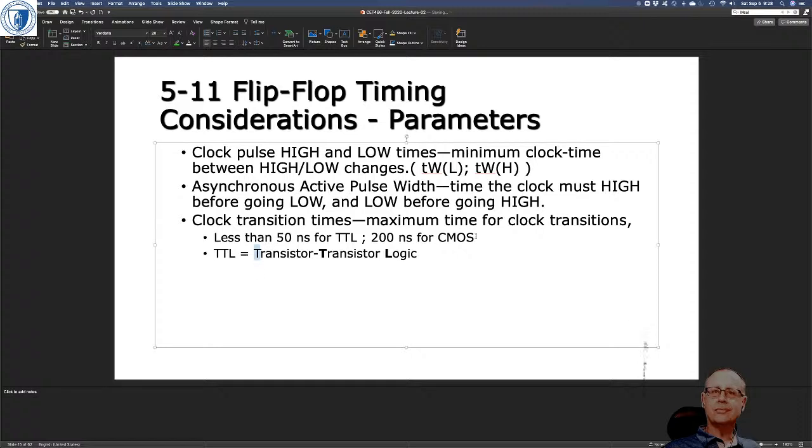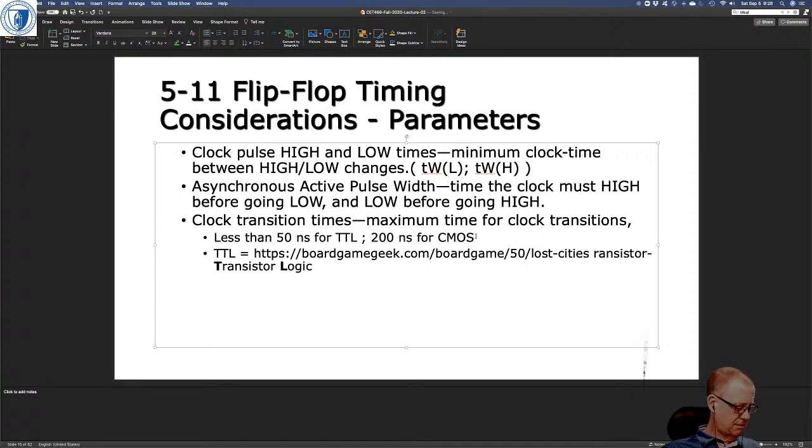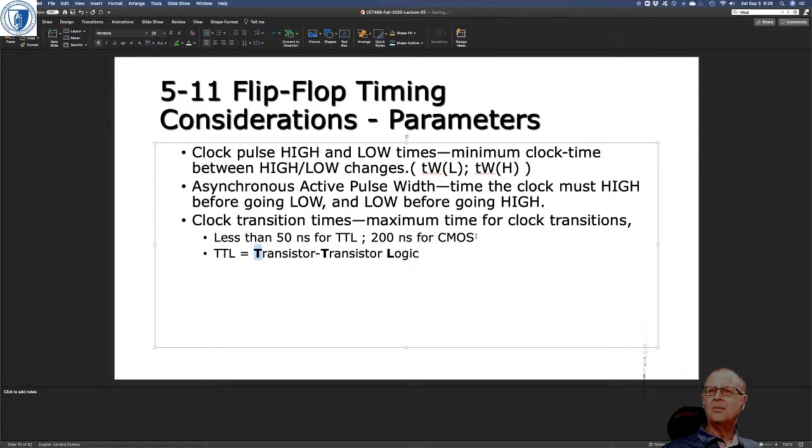The technology used to implement TTL gates and the 74 series of devices, the 7400 or the 74LS00, and all of those other 74 series devices, are all implemented via TTL.